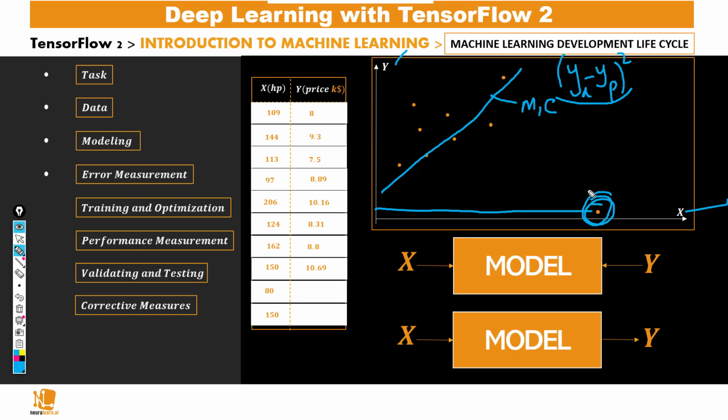because this error here is going to be very large. If we continue with this, let's suppose our model at this x will predict something around here, and then the actual will be around here. So we have this large error. Squaring this large error again gives us a very large value, and so this will have very much to say when we're picking these values for M and C, as we're modifying these values based on this error.